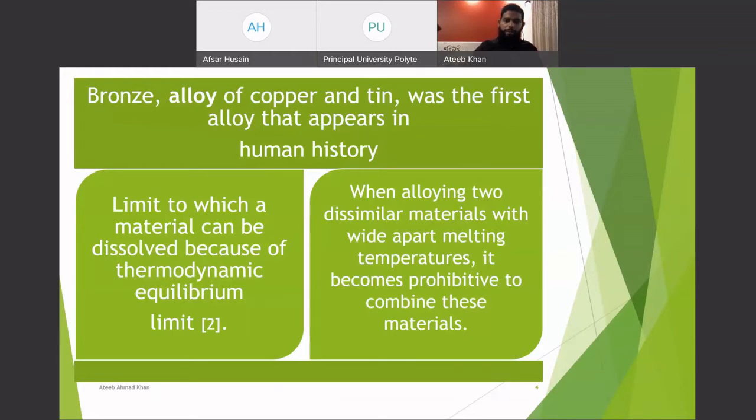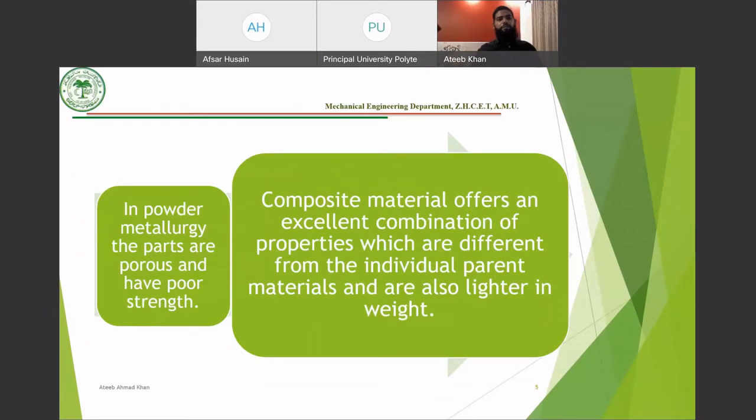But the problem with powder metallurgy is that the structures obtained are very porous, and they have very little strength, or they are weak. Now here comes in our composite material, which gives an excellent combination of properties which might be different from the individual parent material. And the best part with composite materials is that they are very light in weight.